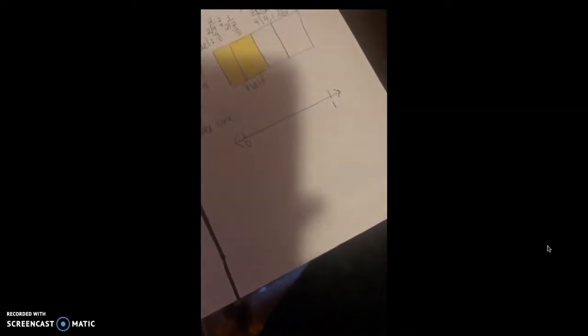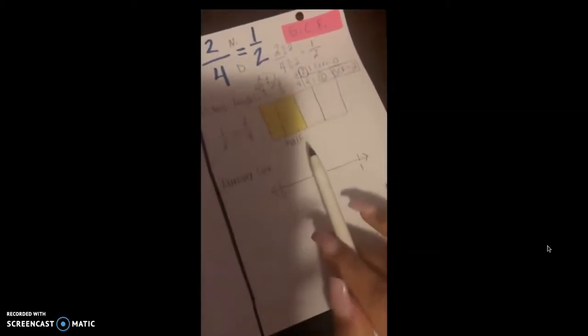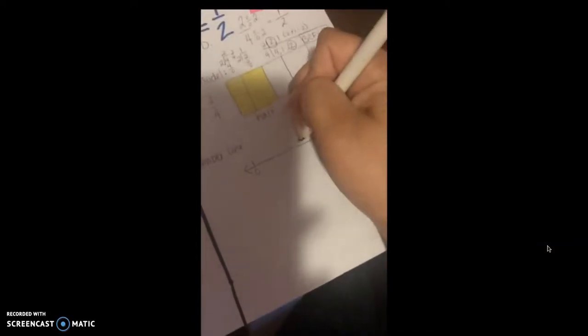Alrighty? Okay. So now, for our number line. In a number line, again, I'm going to start with 0, and my ending point is going to be 1 whole. So I know that 2/4, or 1/2, is halfway. So I'll be halfway between the 0 and the 1.